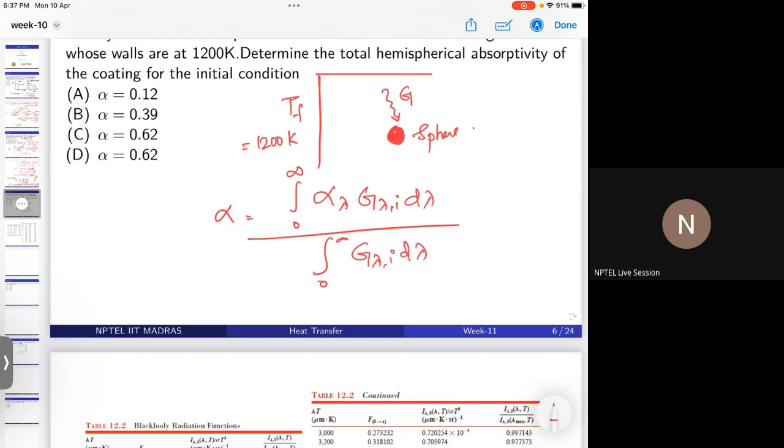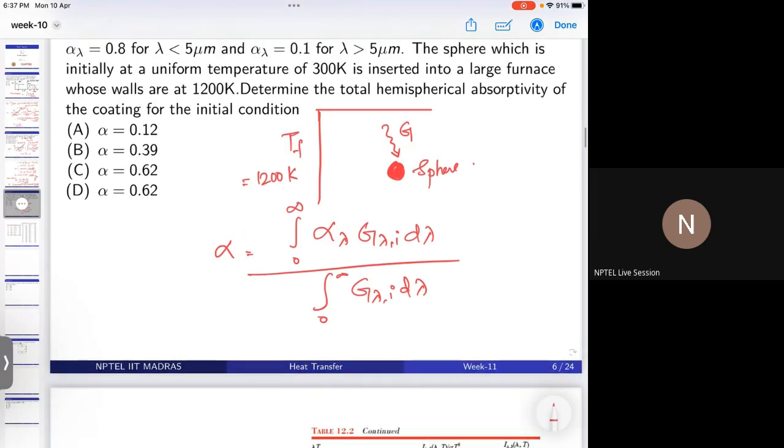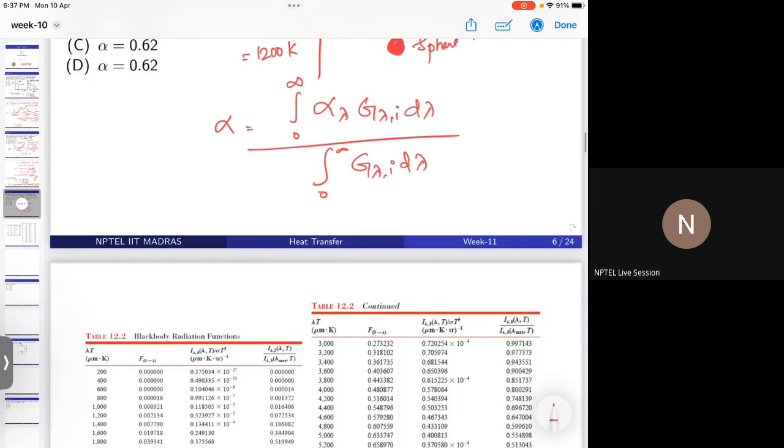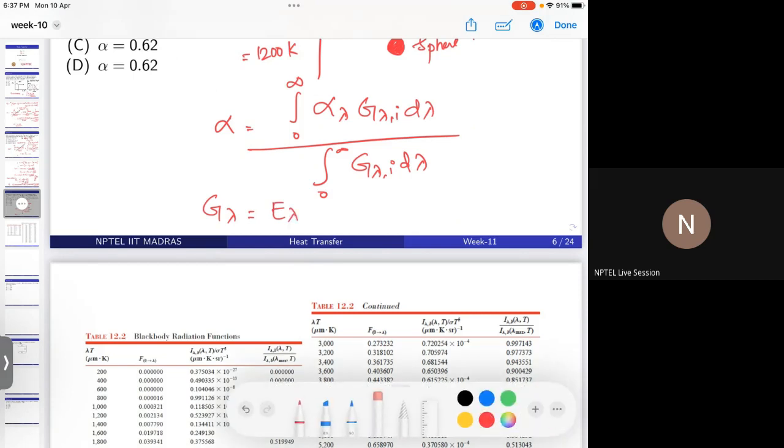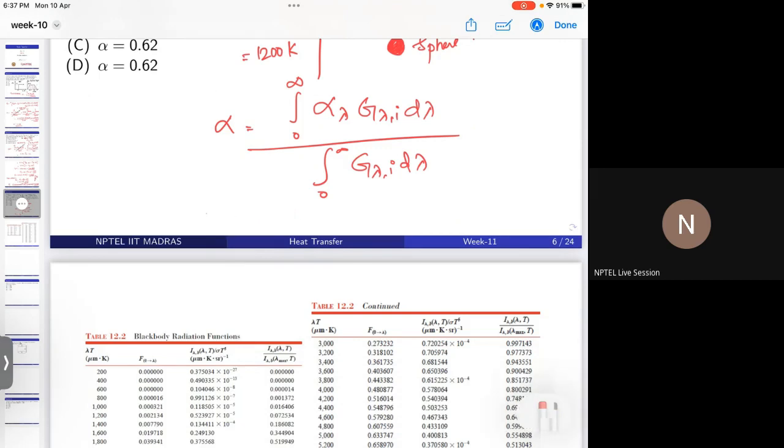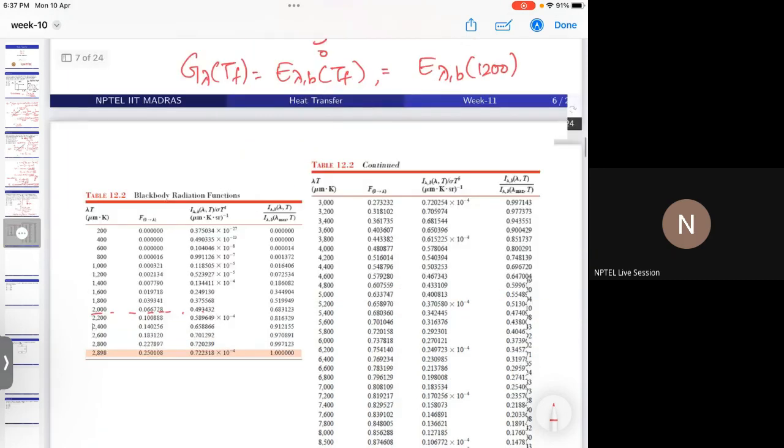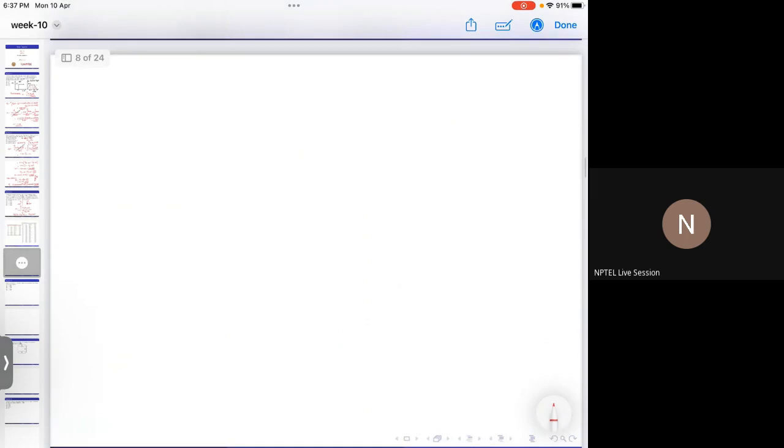As this irradiation is approximated to be from a black body, we can say G lambda at TF is equal to E lambda B at the furnace temperature, which is 1200 Kelvin.